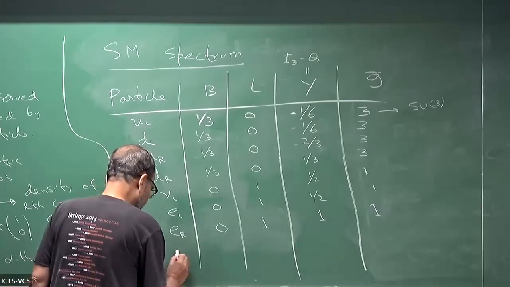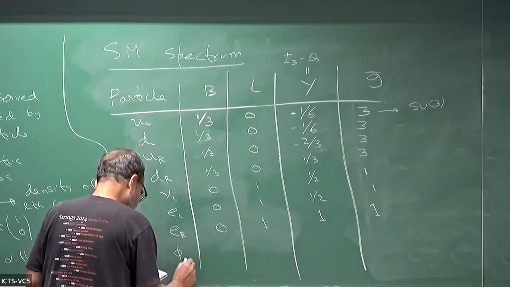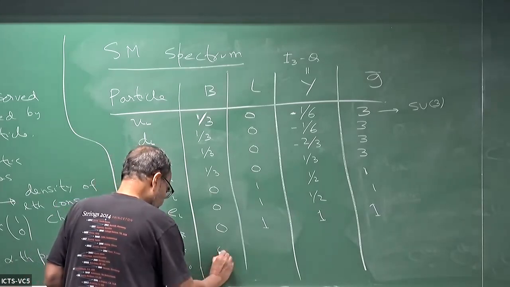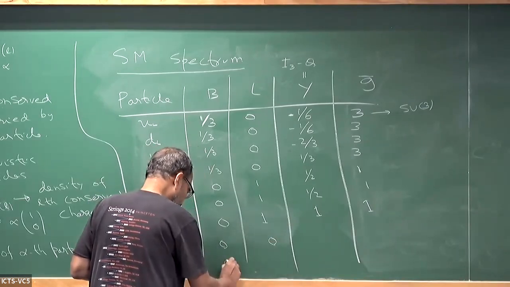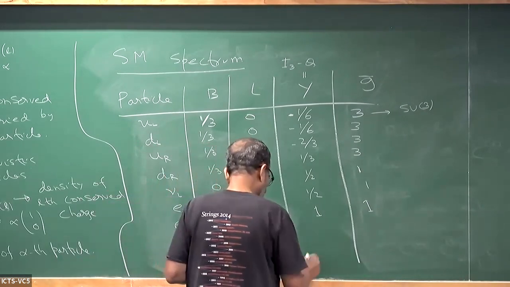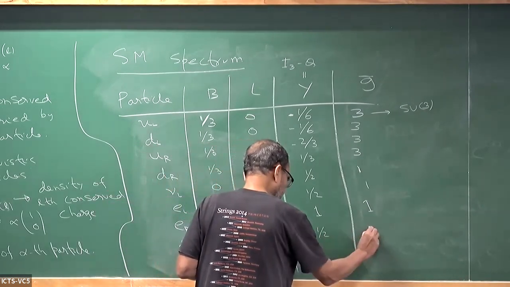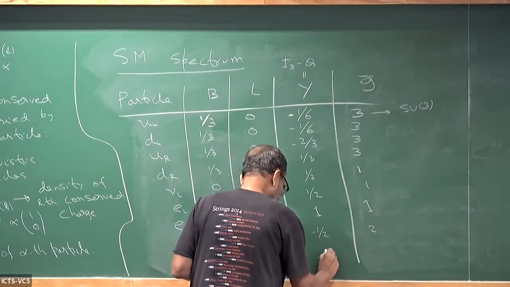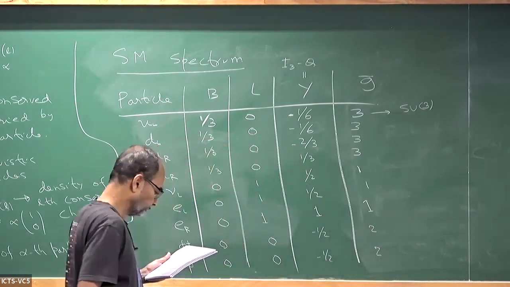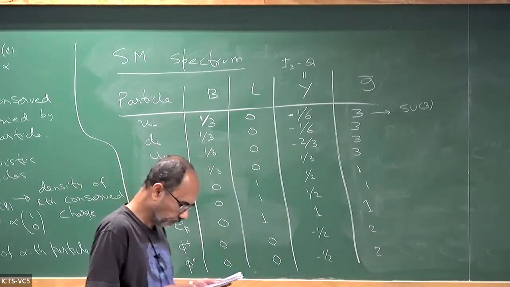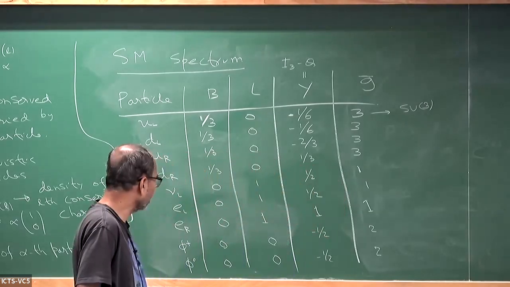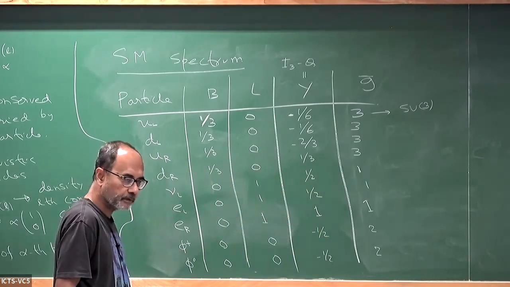And then we have the two scalars, phi plus and phi 0. This is 0, 0. They don't carry any baryon or lepton number. These are the Higgs fields. Then minus half and 2, and minus half and 2. In fact you would also have to include the complex conjugate fields.